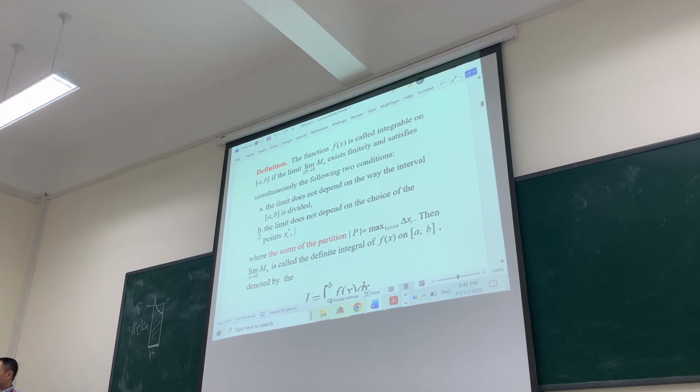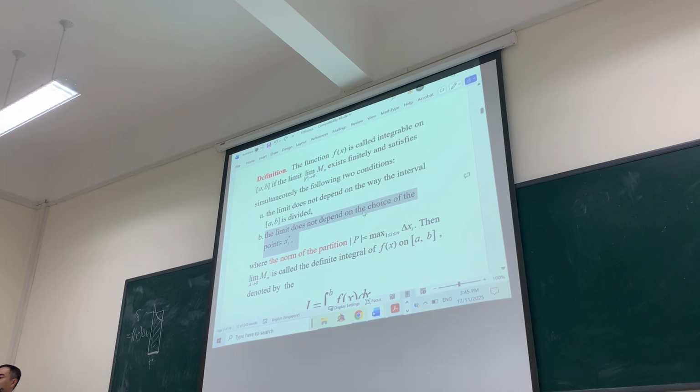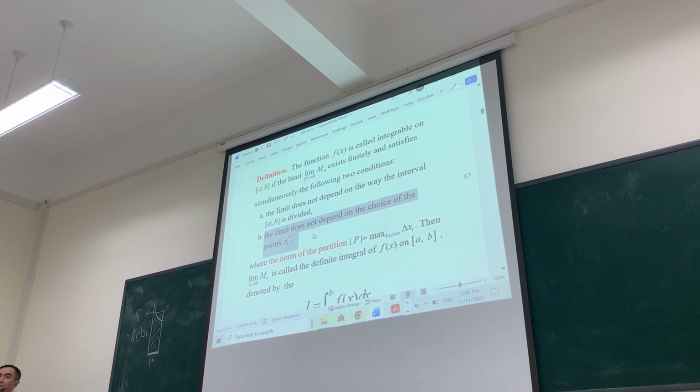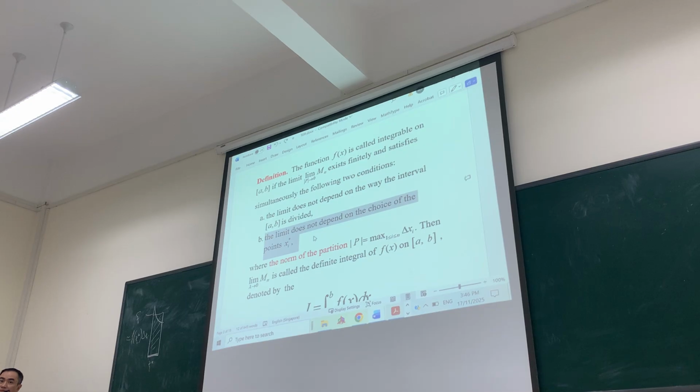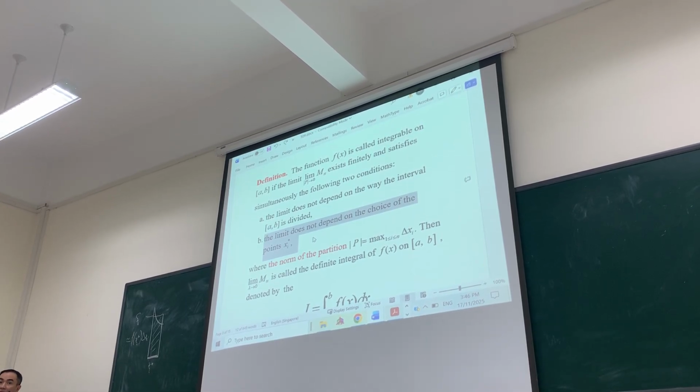Okay, to continue, the limit doesn't depend on the choice of the point xi star. So we can choose xi star. It may be the lower or upper endpoint of the subinterval. Okay, this may be x_{i-1}.